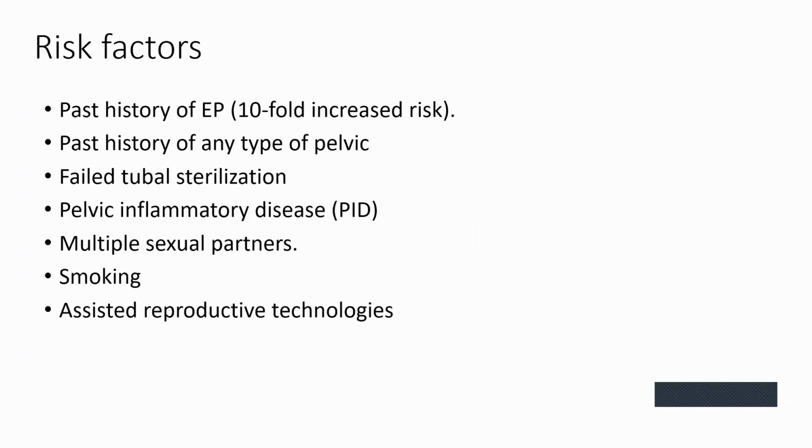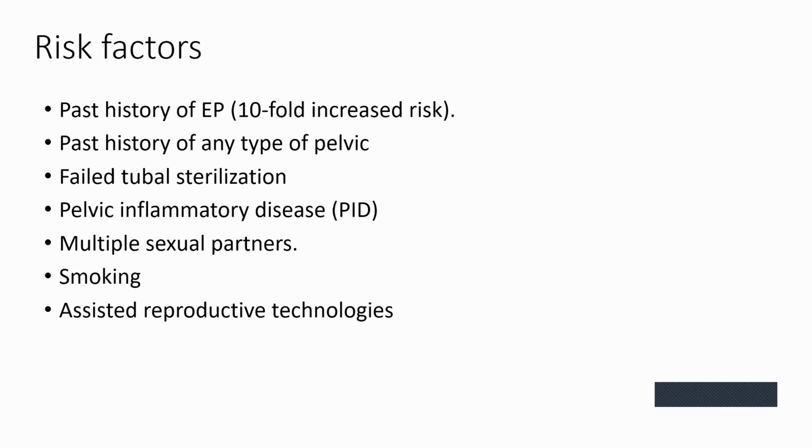When we consider the risk factors for ectopic pregnancy, the commonest risk factor is a past history of ectopic pregnancy. Whatever the treatment modality that we provide, the patient will usually have a 20% risk of having an ectopic pregnancy in the next pregnancy if she had a past history of ectopic pregnancy.